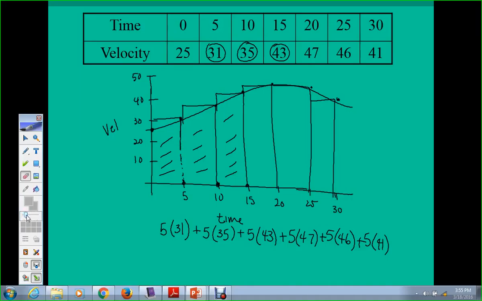So if we erased these rectangles, because now we're going to use the left side of the rectangle instead. All right, so let's see if we can get these out of there.